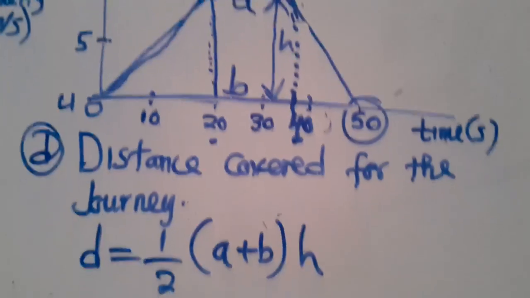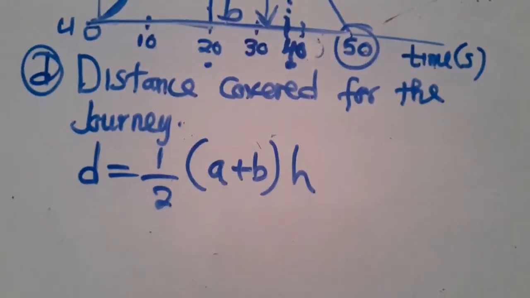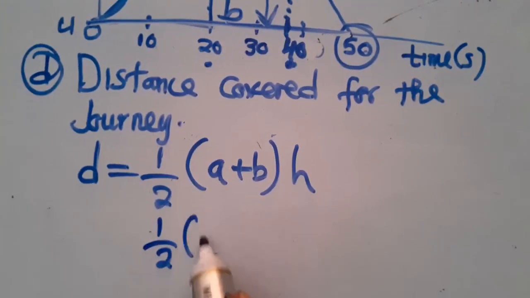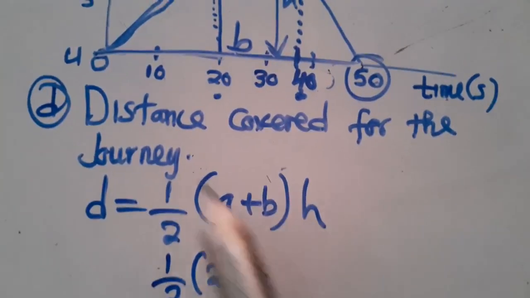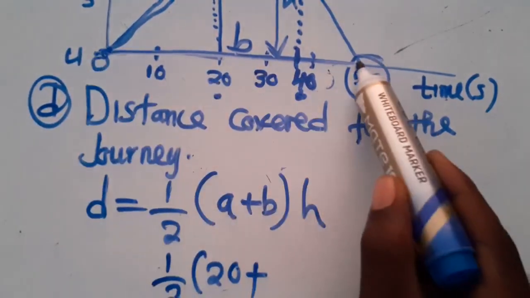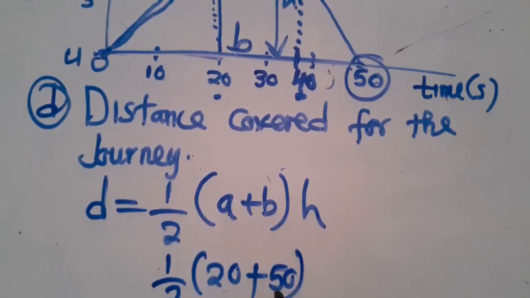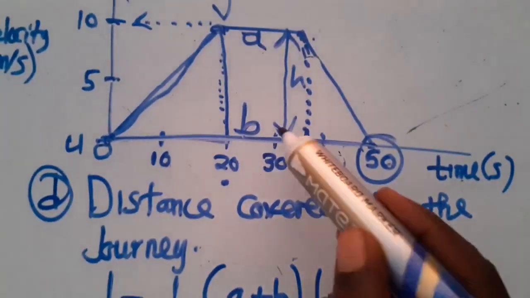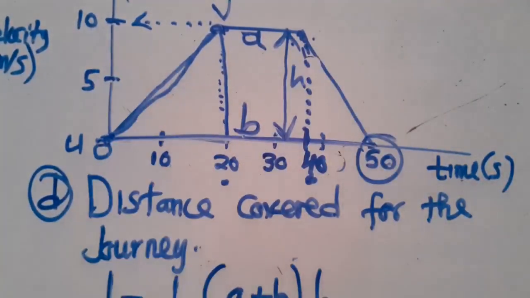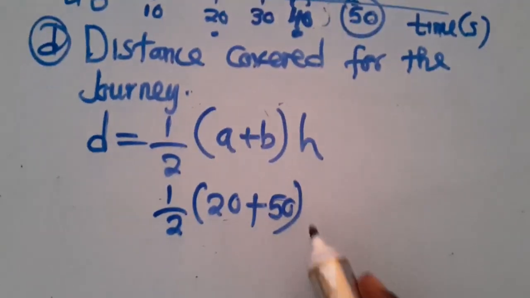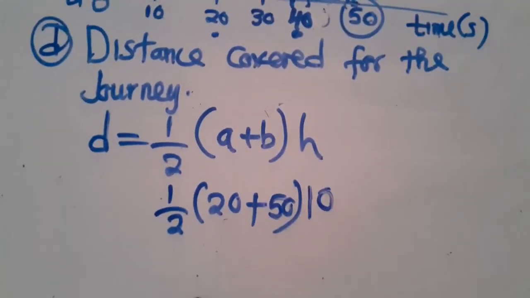So you just put 20 there. So you say half 20 plus B. B is from 0 to 50. That's your B, so you put your 50 there. Height, what's your height? From there to there, it is 10. So you put your 10. Then you evaluate.